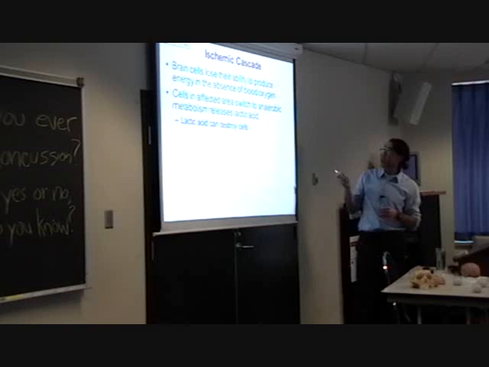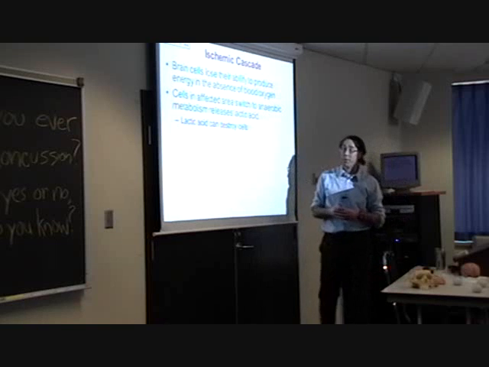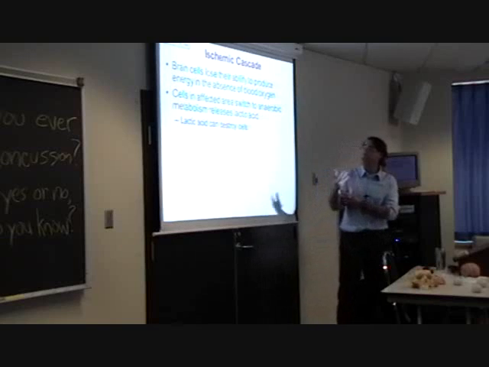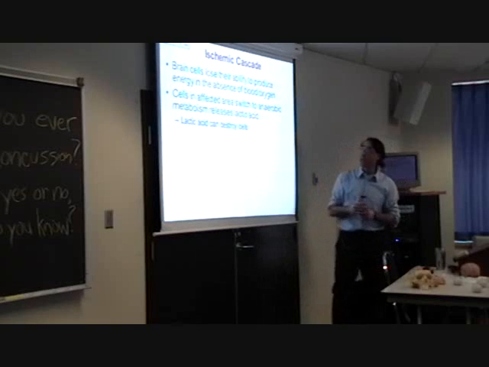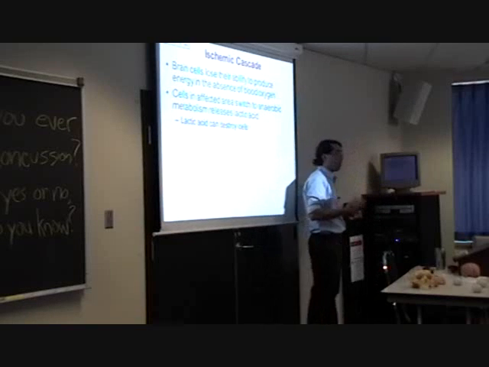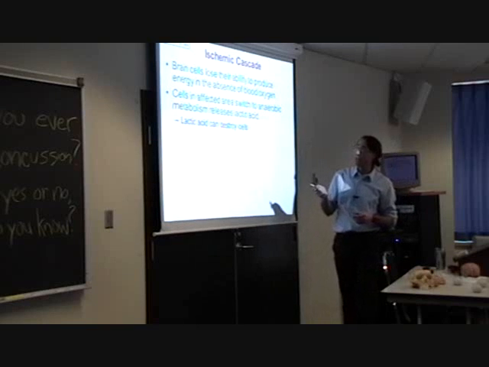When a brain cell loses its blood or oxygen input, it switches to anaerobic metabolism. Just like when you're exercising, your muscles don't get blood as quickly as they should, so they switch to this anaerobic mechanism, and then lactic acid is released. That happens in your arm muscles and your leg muscles. It happens in your brain as well.